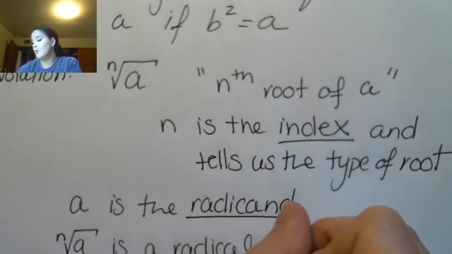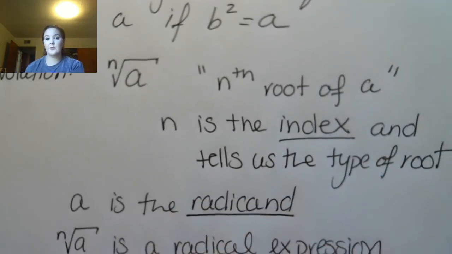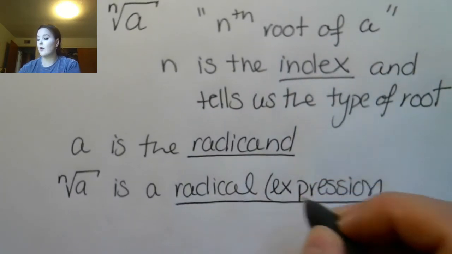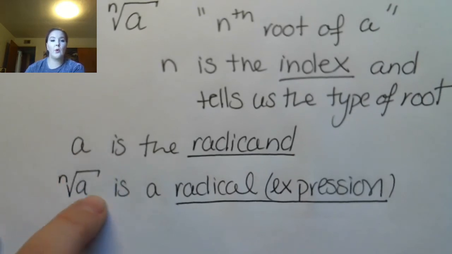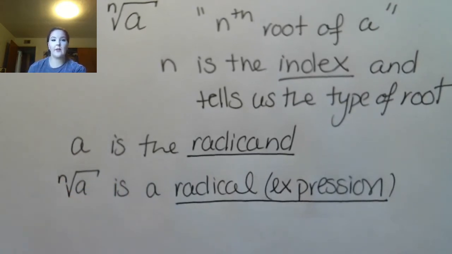You will hear people leave out the expression part and sometimes just call this a radical. So the radical is the whole thing. This is the index, and the inside part is the radicand.